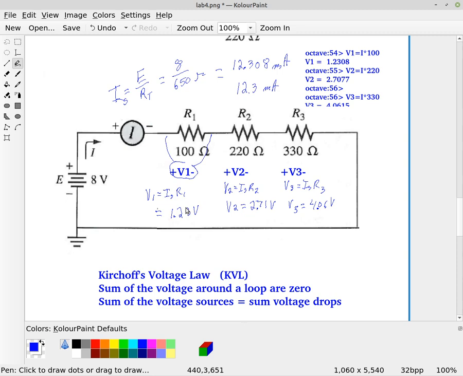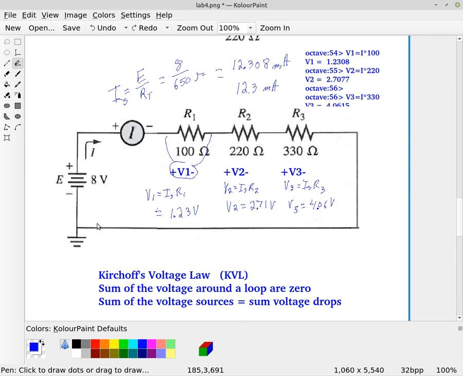But as we see, when you take these 3 voltages, V1, V2, and V3, and add them all up, the voltage drops across all the series resistors are equal to the supply voltage.